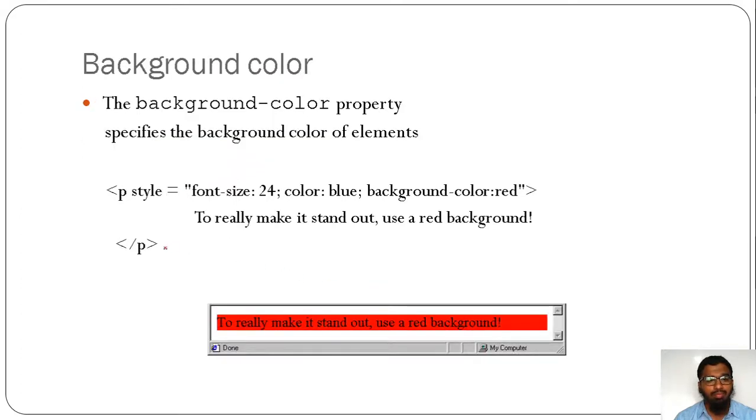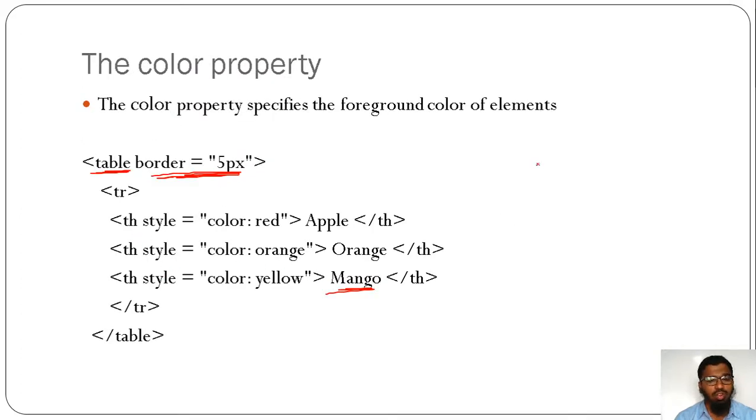Okay, the output is not shown here, but the table will be created and the apple color will be red, orange color will be orange, mango color will be yellow. Okay, this is the color property.